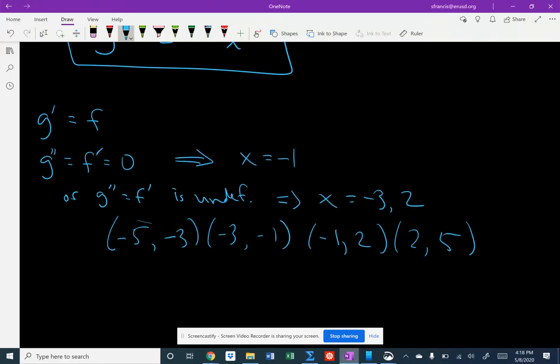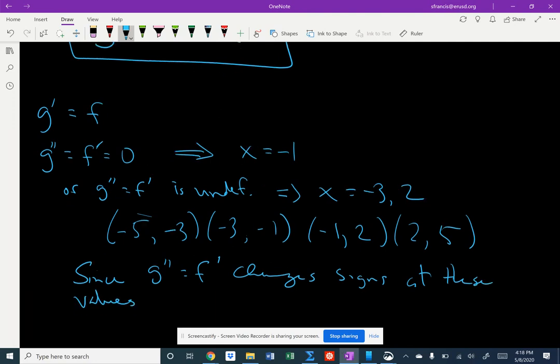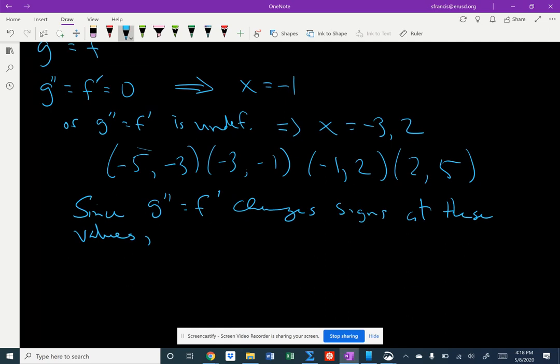So since g'', which is f', changes signs at these values, x equals -3, -1, and 2 are x values of points of inflection.